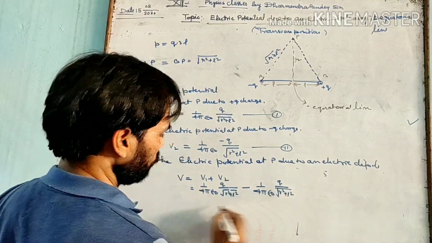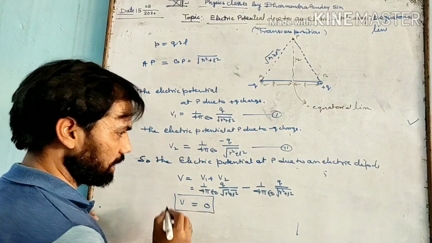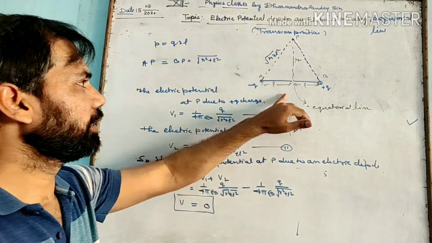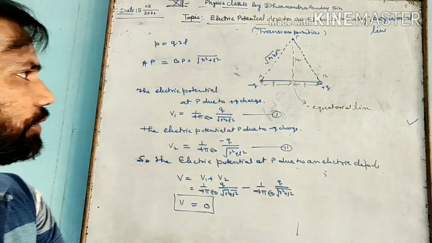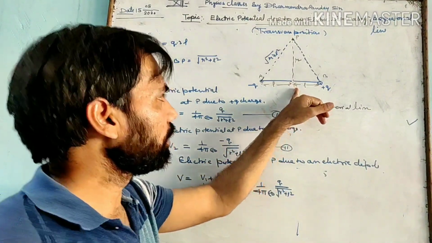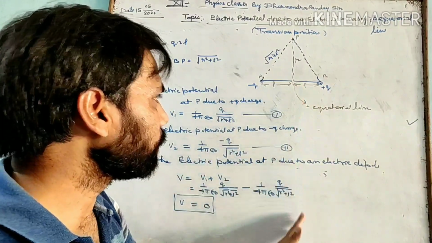So this gives you 0. So this is an extraordinary result in comparison to the axial position. In this result we found that there is no electrostatic potential because of the electric dipole along its equatorial line.